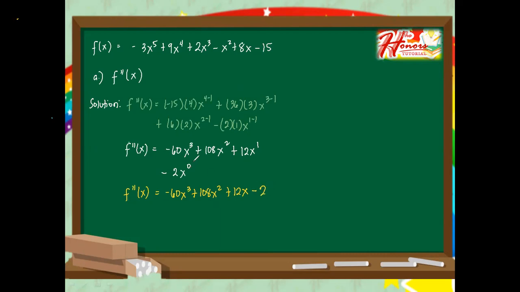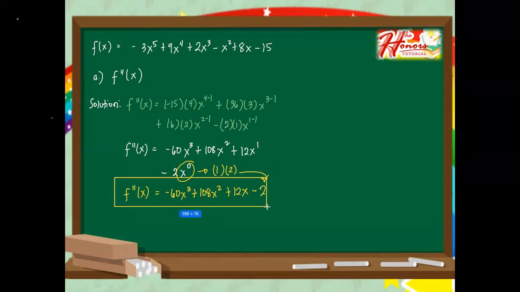Why is it minus 2? Because x raised to 0 is equal to 1. When multiplied by 2, then it's 2. So this is the answer already, the second derivative: negative 60x cubed plus 108x squared plus 12x minus 2.